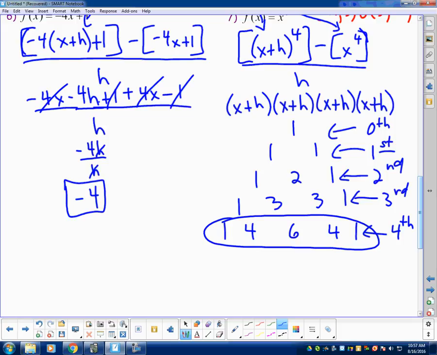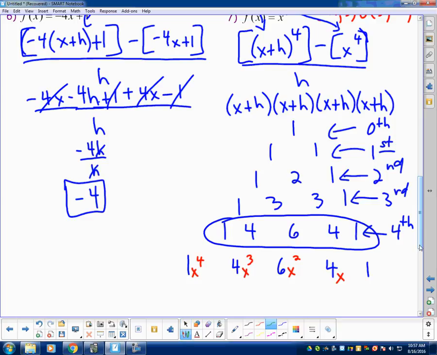So it looks like this. We have 1, 4. I'll leave a little bit of room because I have some variables I've got to fit in here. And then off the end, I'm going to have minus the x to the 4th. So right here, starting at number 1, we start with x to the 4th, and then we go down x to the 3rd, x to the 2nd, x to the 1st, and then x to the 0 would be 1.